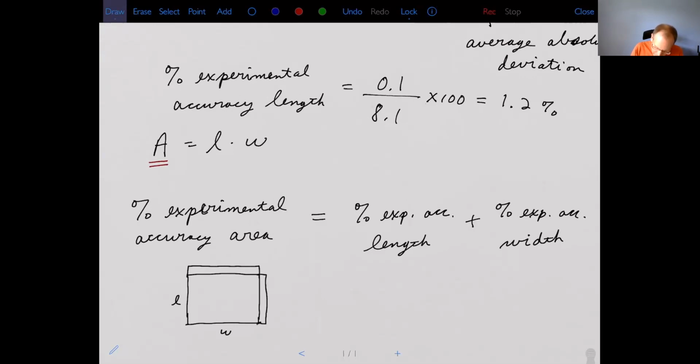You can ignore this little small rectangle there. Then basically if you add those two accuracies together, it gives you the percent experimental accuracy of the whole thing. Right, so it's sort of like a worst case scenario, you're adding the two errors together. So really all you have to remember is if you add the respective percent experimental accuracies, you'll get the correct value. Okay, so let me go back to the handout.